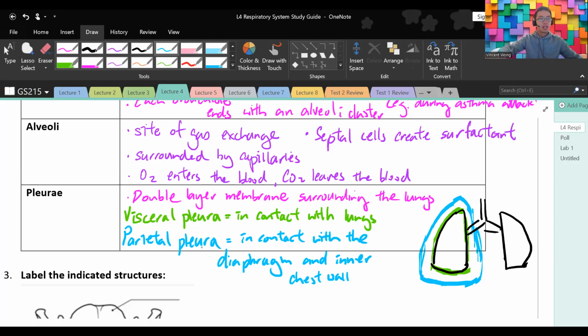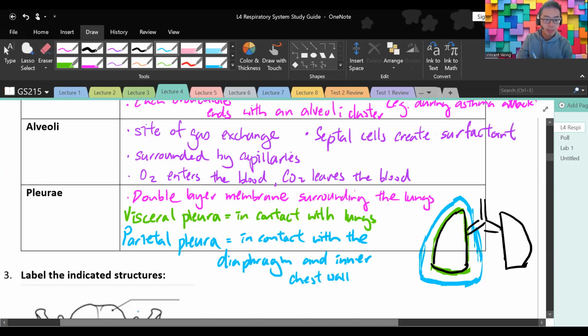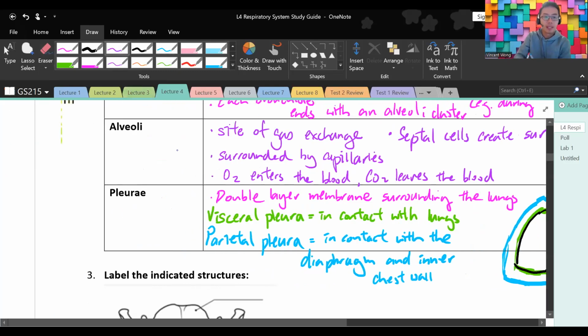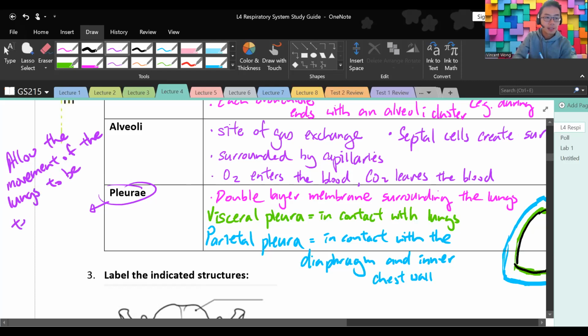Okay, so the purpose of the pleurae is, you know what, maybe I'll write down. The function of the pleurae is to allow the movement of the lungs to be tethered to the movements of the rib cage and diaphragm.